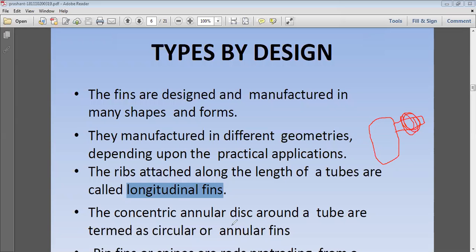Coming to the concentric annular disc around a tube, these are termed circular or annular fins. Say for example, this is the cylinder provided with the circumferential fin.